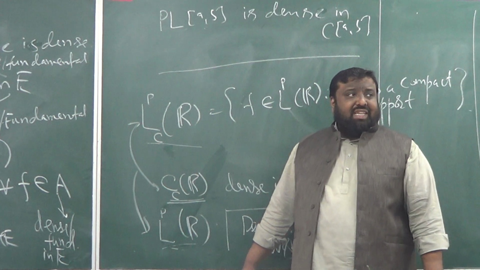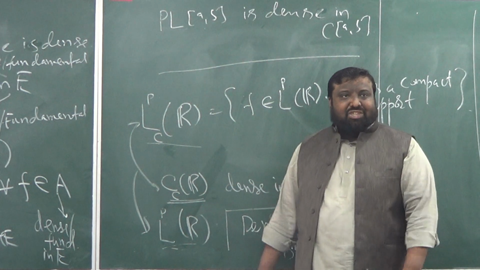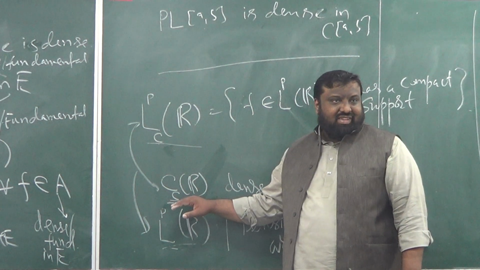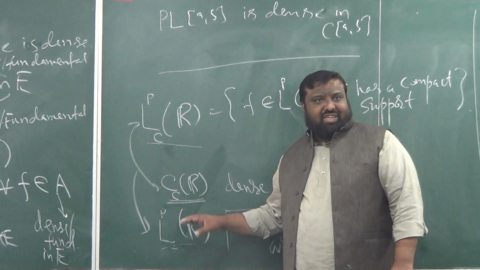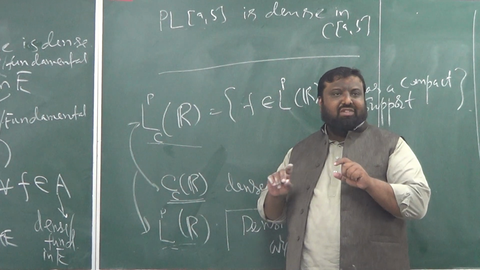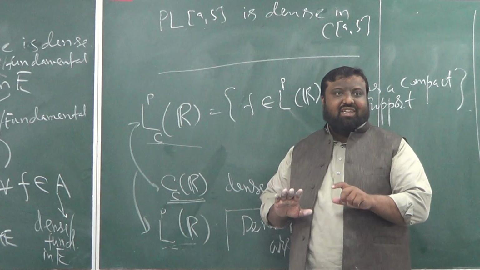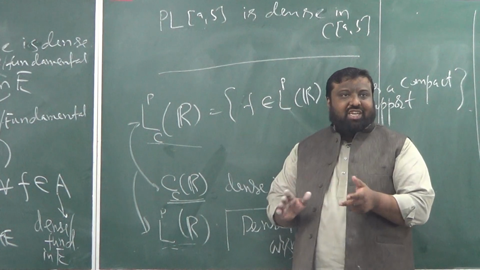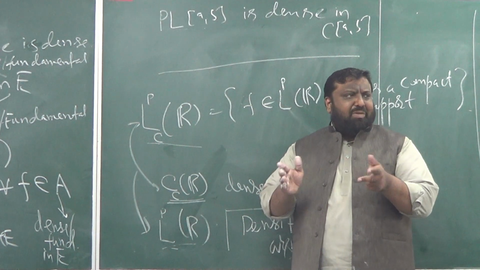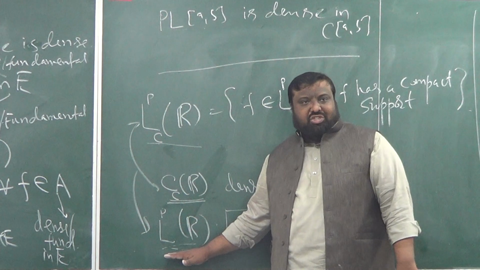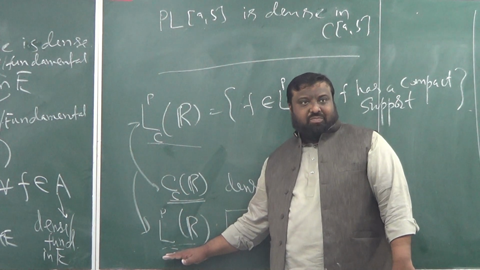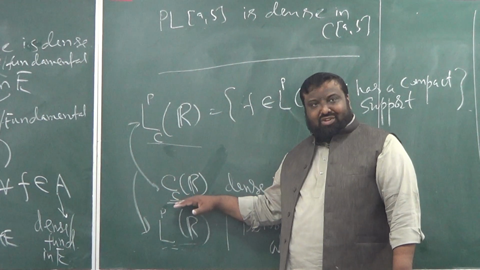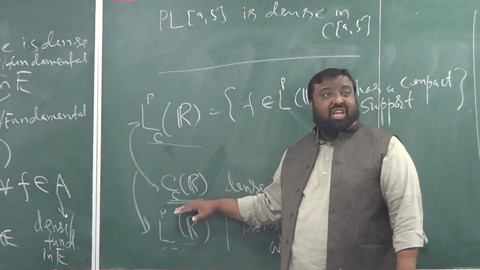Then the density argument essentially tells me that if somehow I can solve this equation here, then the solution can be extended roughly. I'm talking really less precisely, so don't take what I'm saying at the moment as facts. I'm just giving you a bigger, intuitive picture. I want to solve an equation whose solutions are here, then it is sufficient to solve such an equation here.